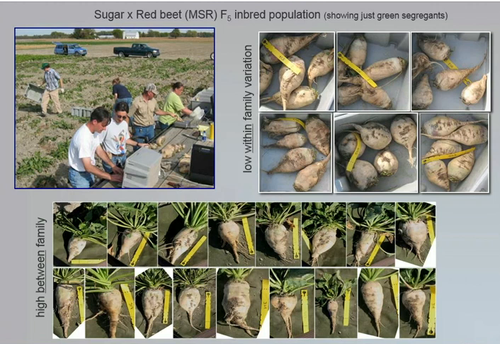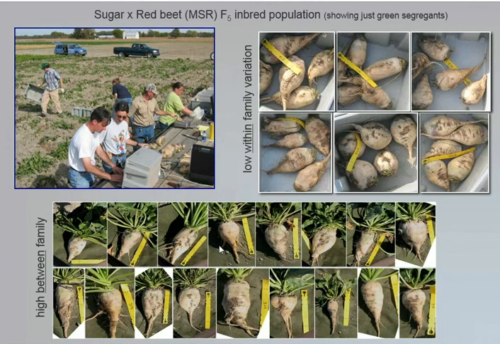So these would be 5 of the beets selected for analysis, and you see long beets, you can see round beets. Actually, this particular year, we set up a little bowling pin alley just when one of the machines broke down until it got fixed. But what you can see is also high between family variation.